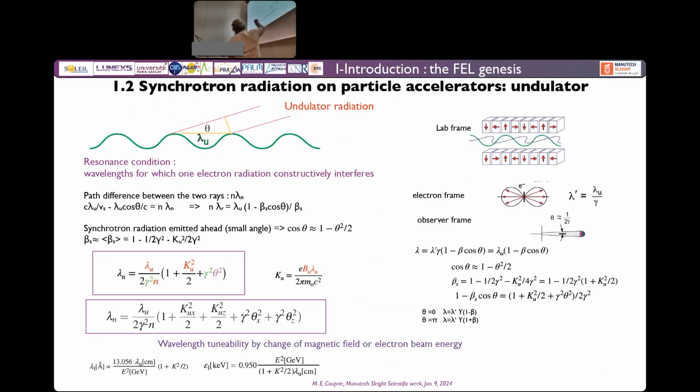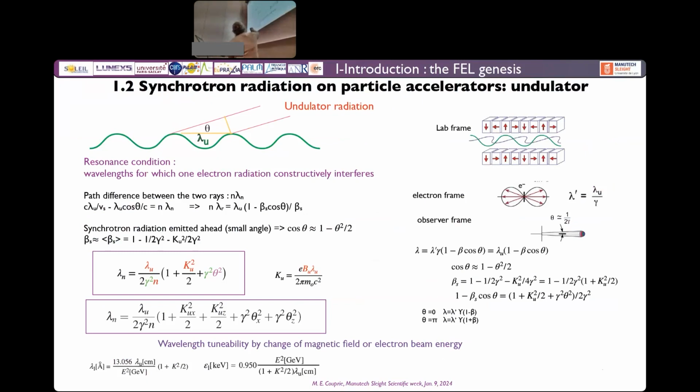I have here the path for the electrons, and here the path of the photons. With some mathematics considering small angles, because synchrotron radiation is emitted ahead, you remember that I told you that the angle is 1/gamma, and with the approximation of very rapid electrons, I end up with such a relationship.